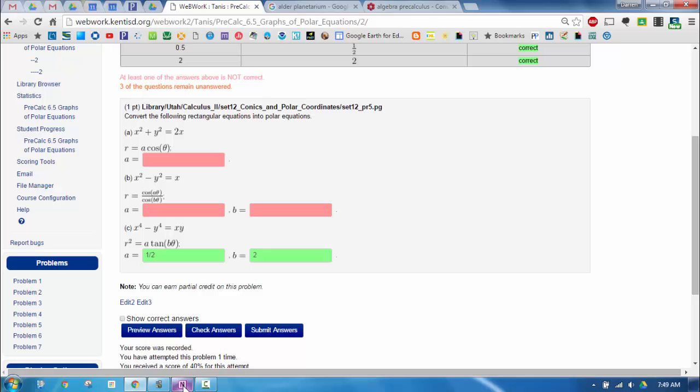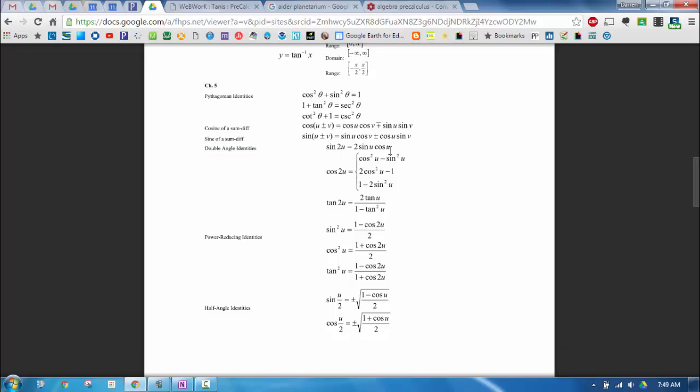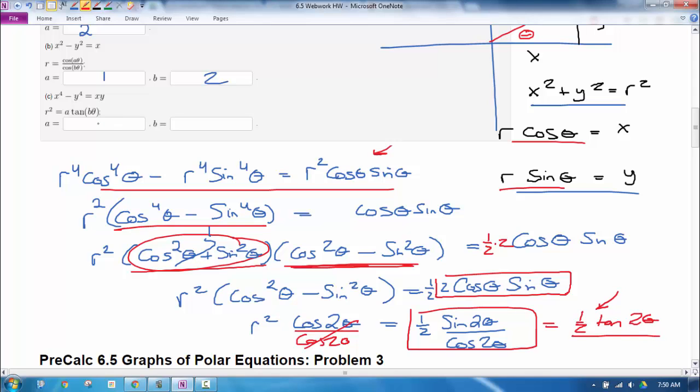That's this identity right here, sine of a double angle. So that way I can write sine of 2 theta. So it's 1/2 sine of 2 theta, and then I just divide both sides by cosine of 2 theta here. And that gives me this, which is really just 1/2 tangent of 2 theta. So 1/2 is my A, and my B is 2.